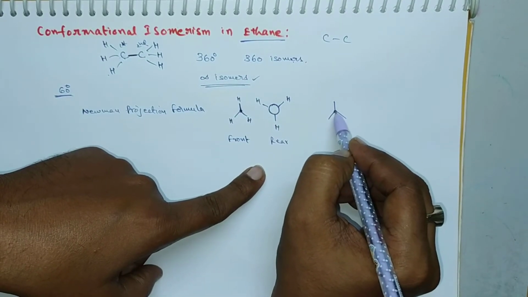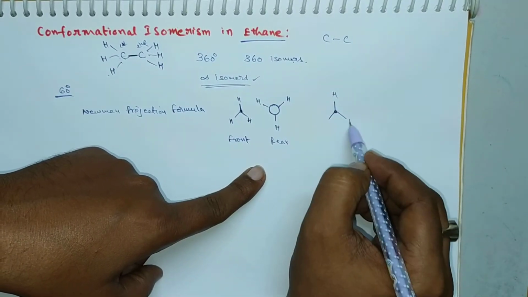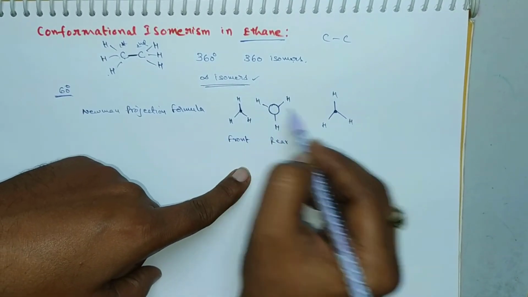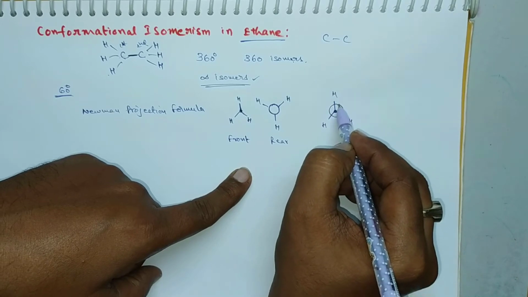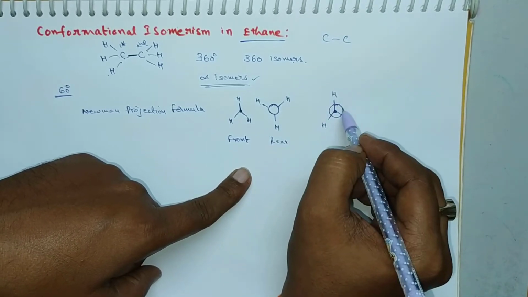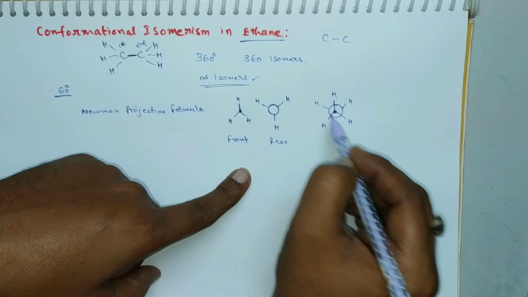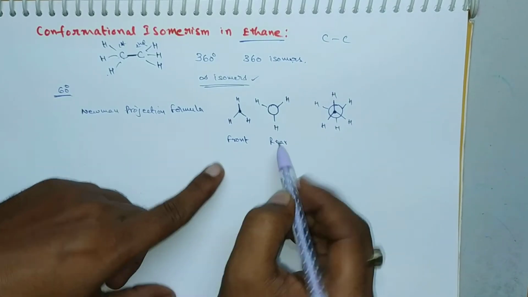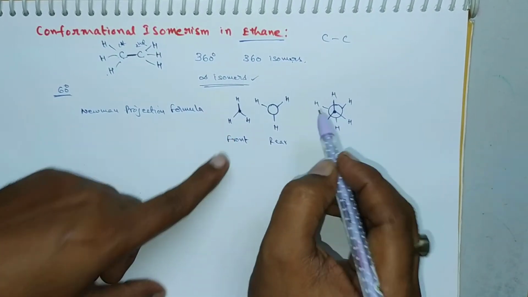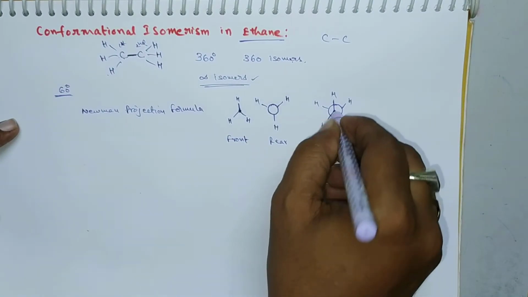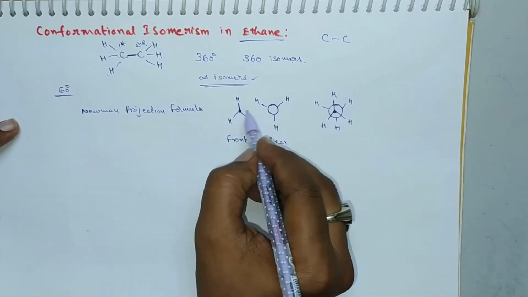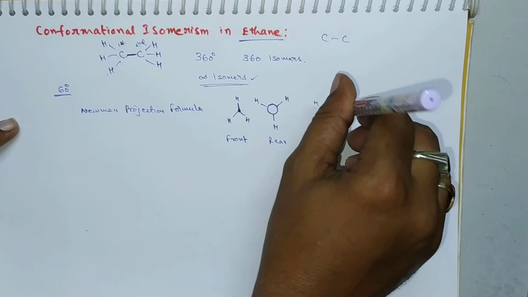So this is the dot, the first carbon, and each one carries 3 hydrogens, and the circle also carries 3 hydrogens. If there is a bond between these two, it will be represented like this. Here the bond is perpendicular. The carbon-carbon bond will be perpendicular to the plane of the paper.